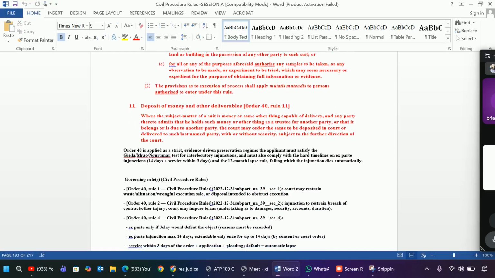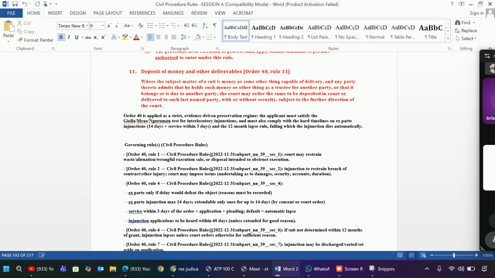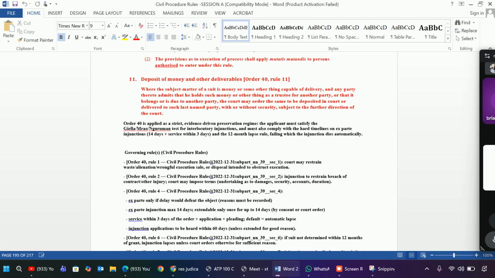So basically, my analysis proceeds to say that Order 40 is applied as a strict evidence-driven preservation regime. The applicant must satisfy the Giella, Mrao, and Nguruman test for interlocutory injunctions and must also comply with the hard timelines on ex parte injunctions.